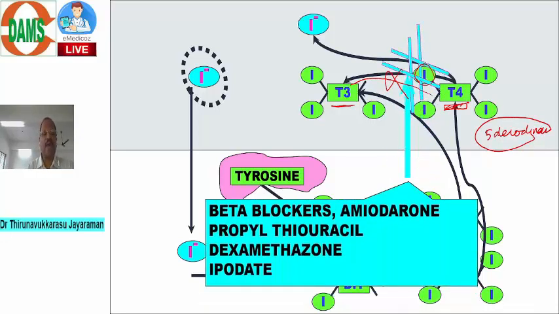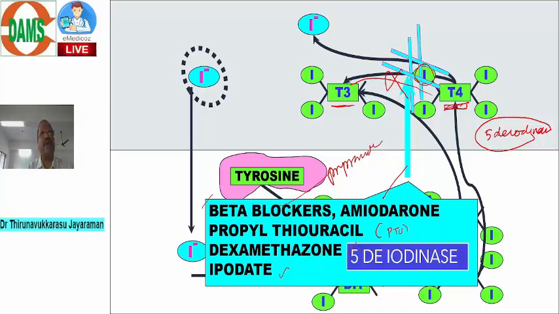We have the beta blocker, the so-called propranolol, and then amiodarone, one of the class 3 anti-arrhythmic agents, then propylthiouracil, then the steroid dexamethasone, and ipodate. All these drugs inhibit 5-deiodinase, thereby inhibiting conversion of T4 to T3.